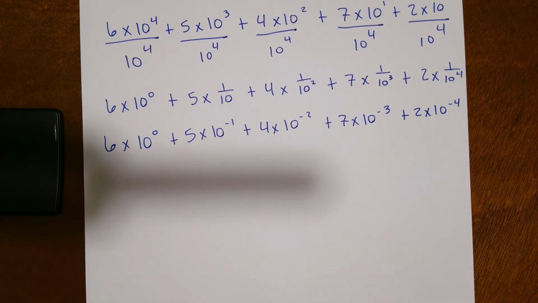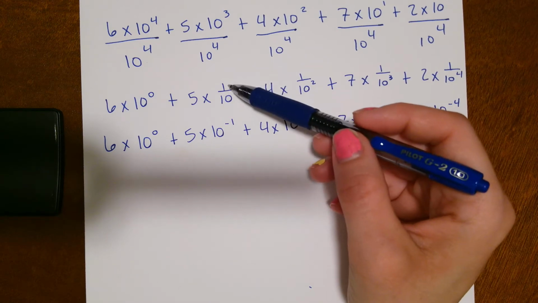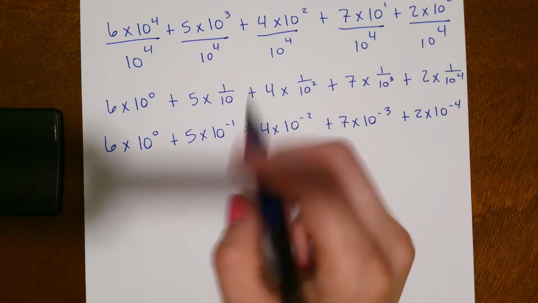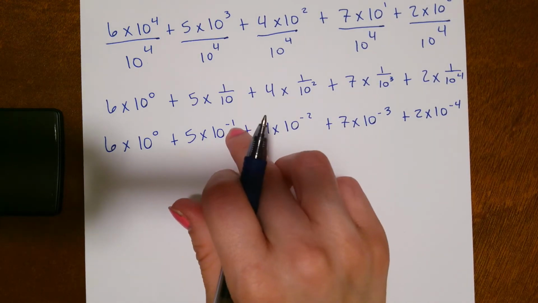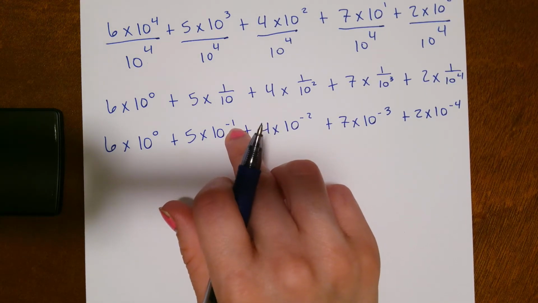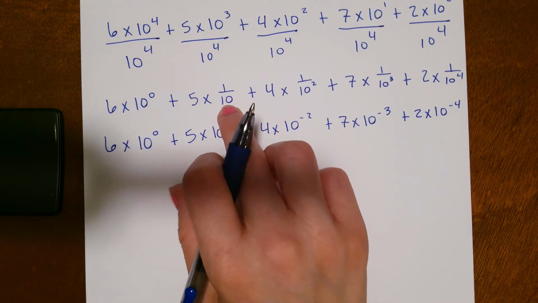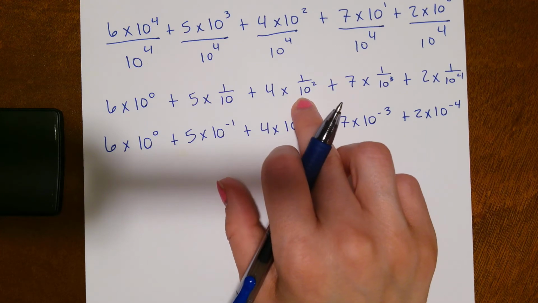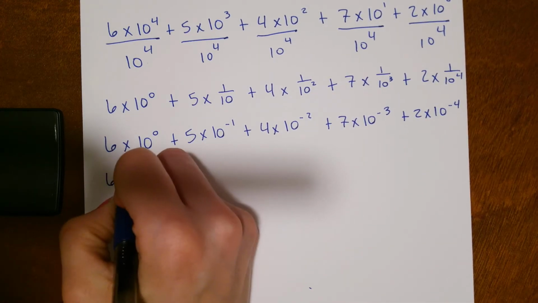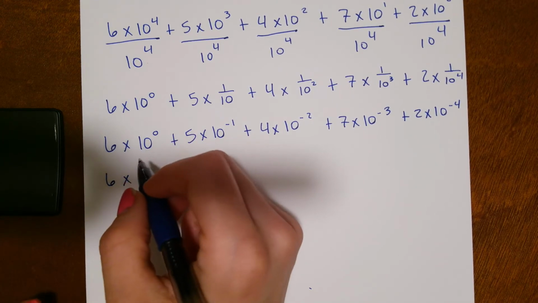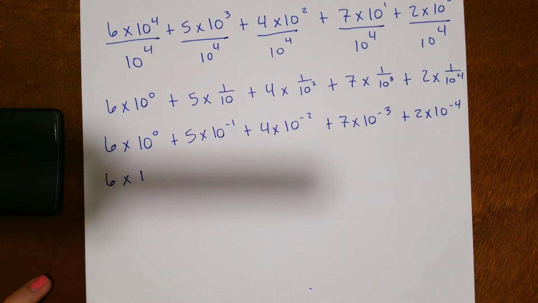Regardless of what form you're looking at, we know that 10 to the 1st would indicate 1 zero. 10 to the negative 1 indicates 1 decimal place, right? And just by our definition of decimal fractions, this has 1 zero, so 1 decimal place, 2 zeros, so 2 decimal places. So I'm going to rewrite this in decimal form. 6 times 10 to the 0 indicates no decimal places, so I'm just going to write 1, so it'll be my whole number.